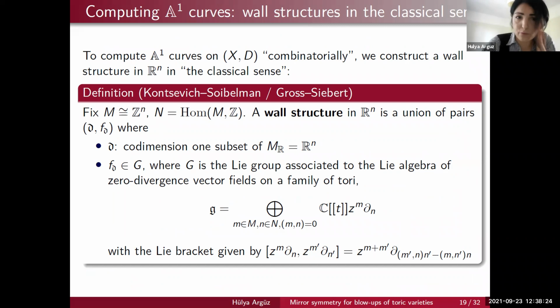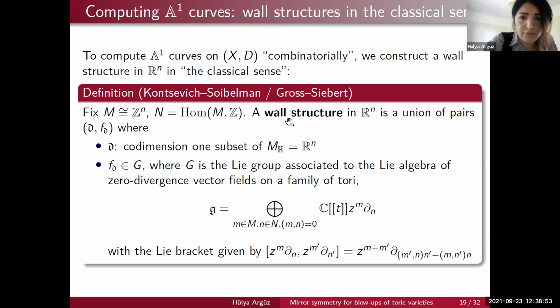I will construct a wall structure in R^n without singularities, just in R^n, by taking a classical definition of a wall structure. And this definition of a wall structure appeared many years ago in works of Kontsevich, Soibelman, and Gross-Siebert. I will call this the classical wall structure. I will use the classical wall structure to keep track of A1 curves in general locally via pairs. And that's what we do in our work with Mark.